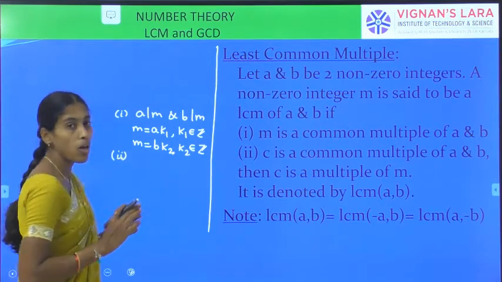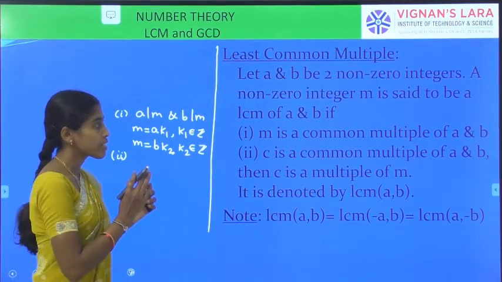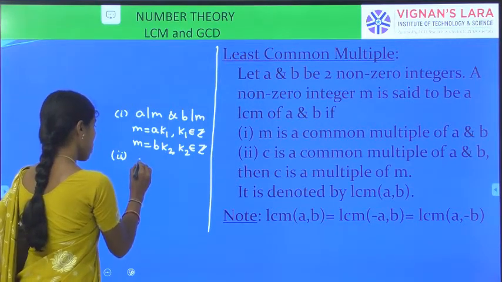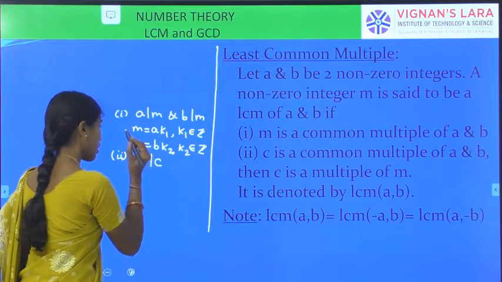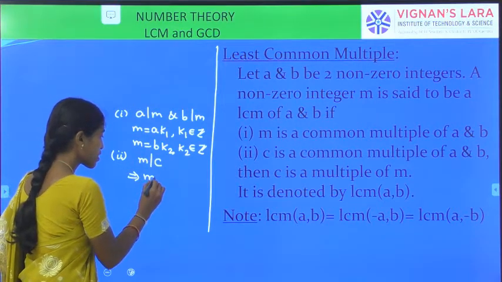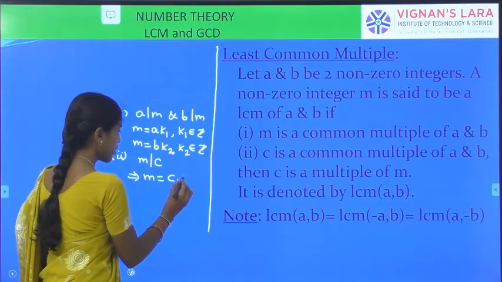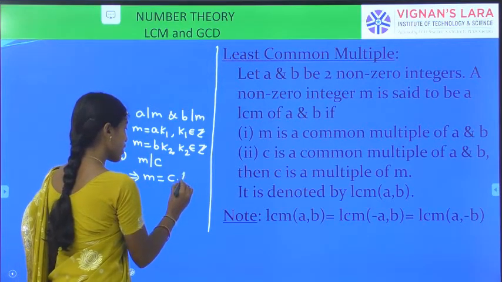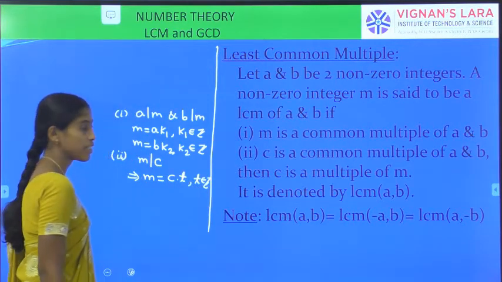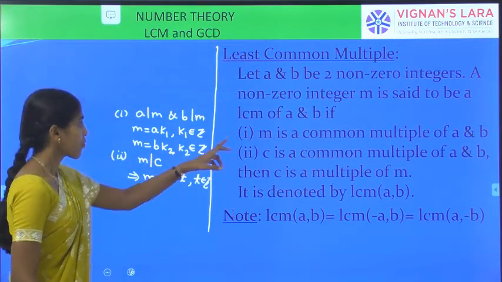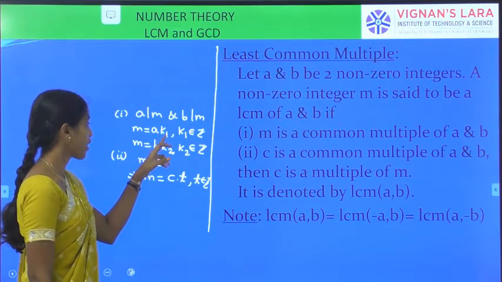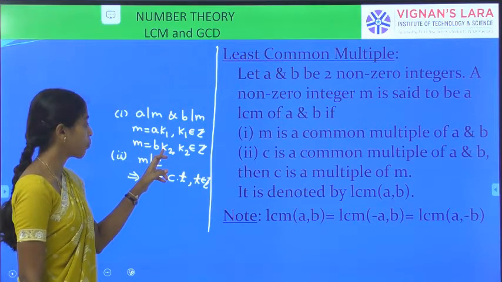That means among all common multiples, this M must be the least common multiple. What is the meaning of this one? It implies C is equal to M into some integer T. What is T? T is an integer, right? So first of all, M is a common multiple of A and B means M is equal to A K1, M is equal to B K2.